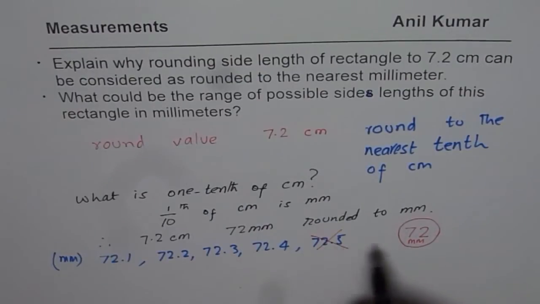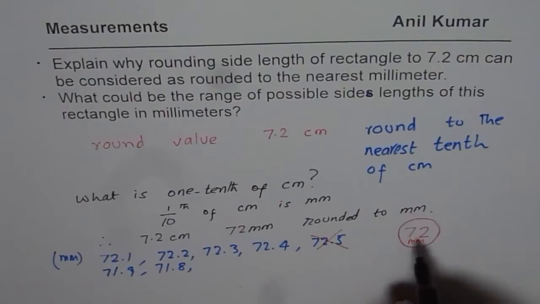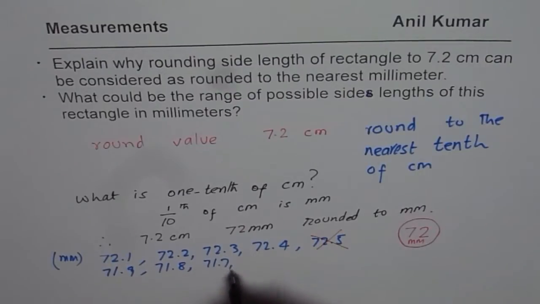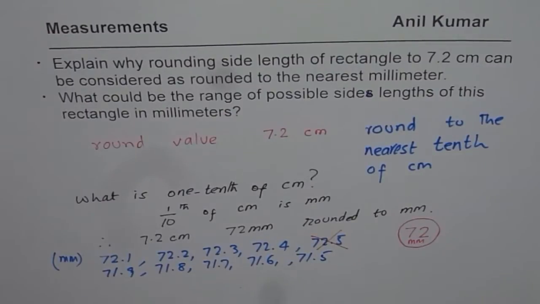How about lower values? Well, 71.9 is okay, 71.8 also rounds to 72, 71.7, 71.6 and 71.5 round to 72. That is what you have to learn. If the number after the decimal is 5 or more, it rounds higher.